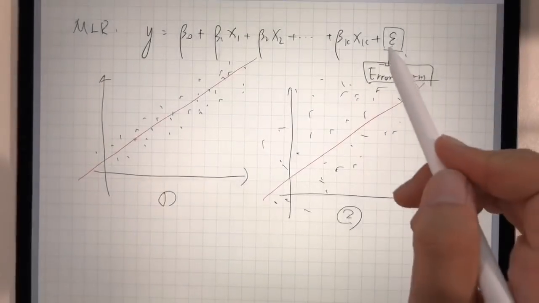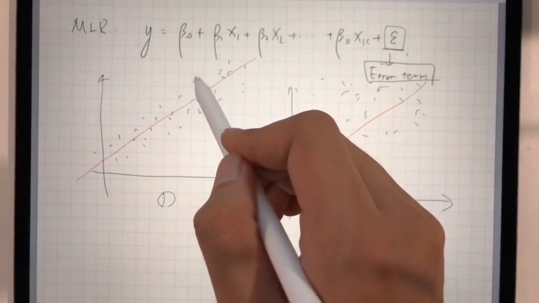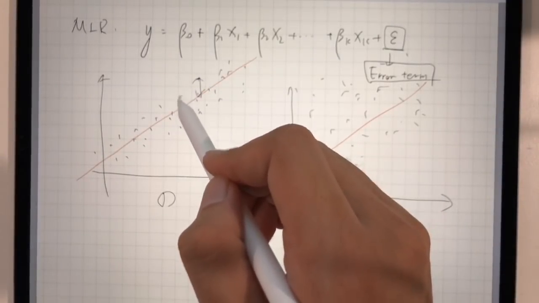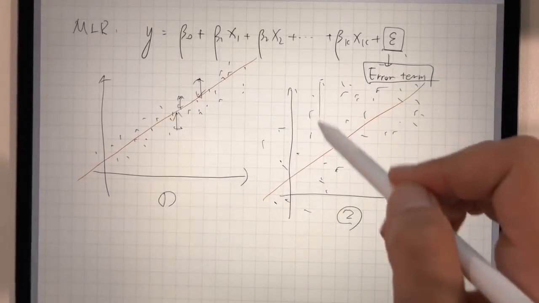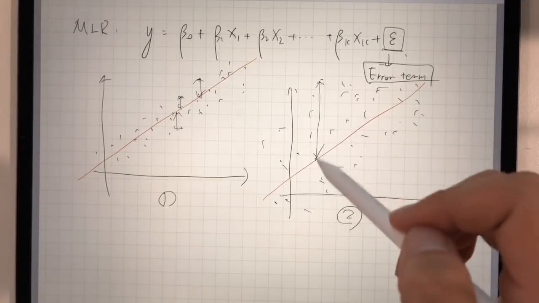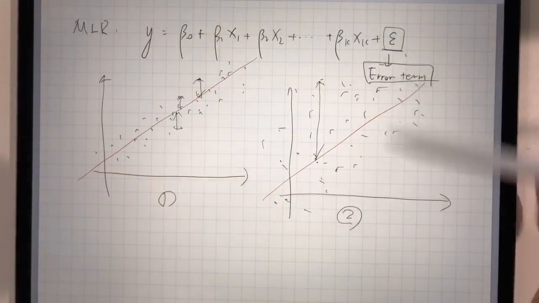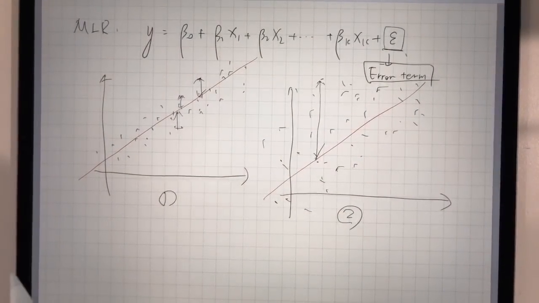So as we all know, the error term in this model must be the distance between any observation and the straight line, right? So if the distance of any observation from the straight line is very big, then this error term must have a very large what? Standard deviation, right?